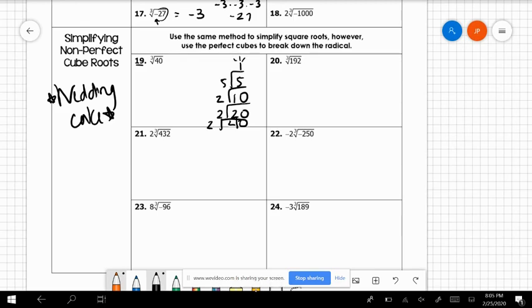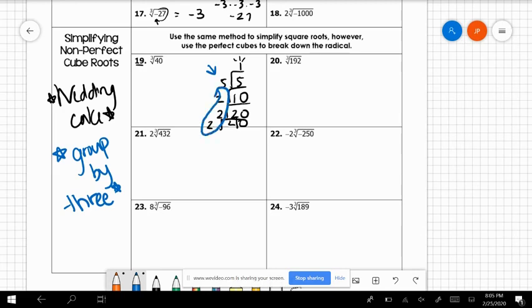The only thing that's different about these is I have to group by 3s. What I mean by that is if I'm looking at my wedding cake here, instead of trying to get 2 things out from under the radical, I'm trying to get 3.